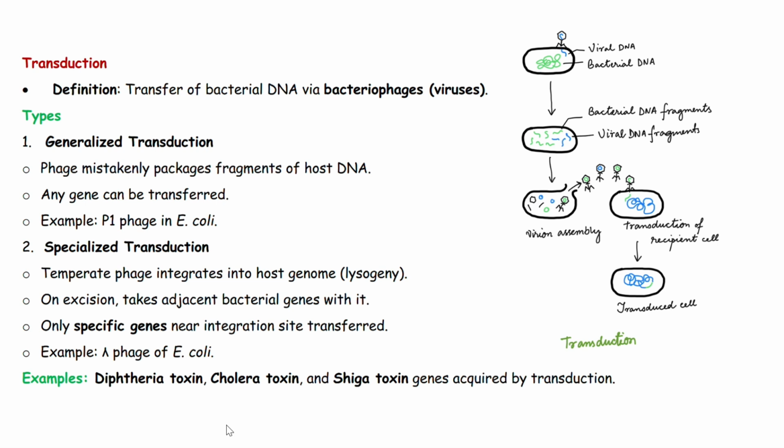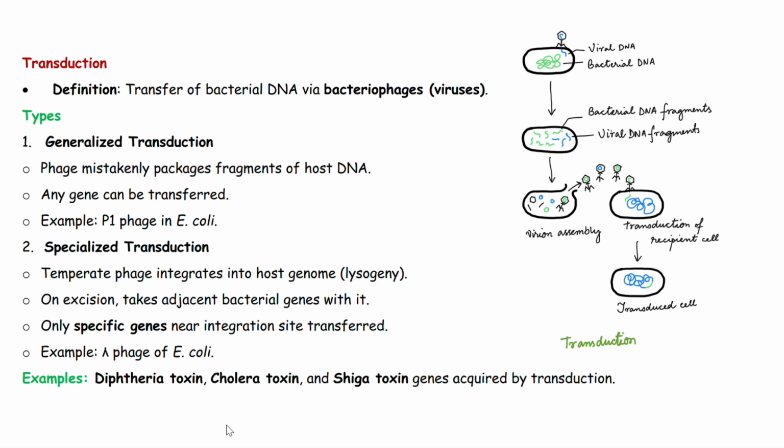This is called generalized transduction because any random piece of bacterial DNA might be transferred. There is also specialized transduction. In this case, the phage DNA first integrates into the host chromosome and lies dormant. When it later exits, it sometimes carries along neighboring bacterial genes.